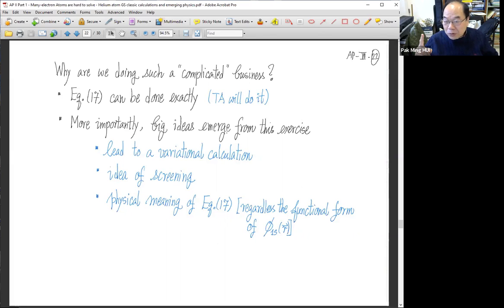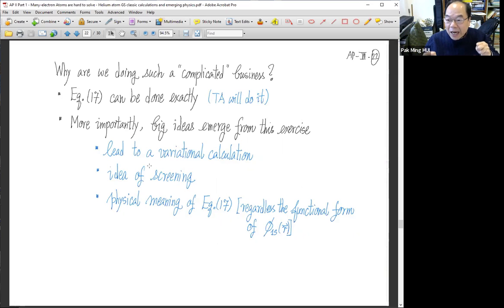It will lead to the second approach, the variational method. And when we do that, that gives us immediately a big idea of how to include the effect of the other electron into the equation of a single electron.